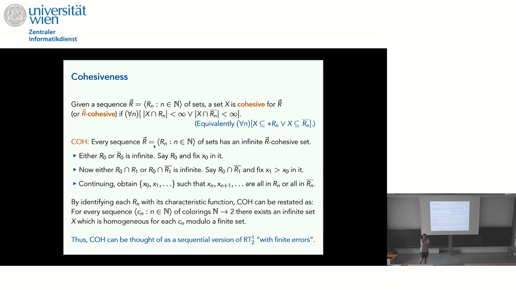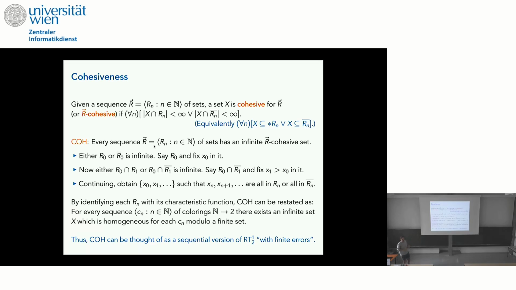Now you switch to building inside R0 intersect R1 complement. That's infinite. There are going to be finitely many errors where you were not in the complement of R1, but that's okay. This only needs to happen up to finitely many, with a superscript star here. That's the standard construction of a cohesive set.